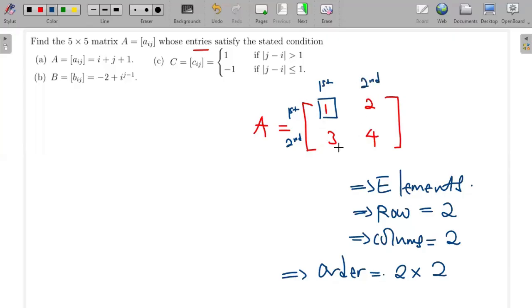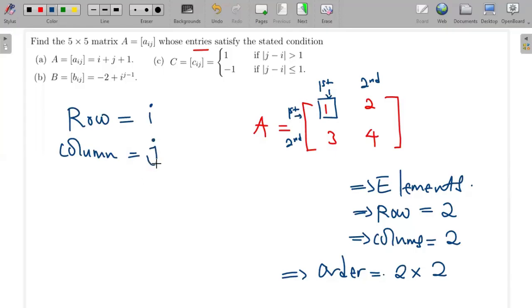So each of these elements will be in a specific row and a specific what? Column. So if I take, for example, this one here, this one is in the first row and first what? Column. Now the row number is indicated by the letter I. So row number is indicated by the letter what?